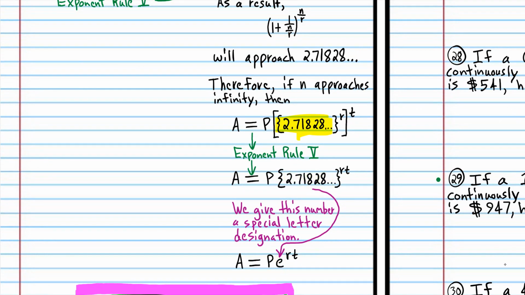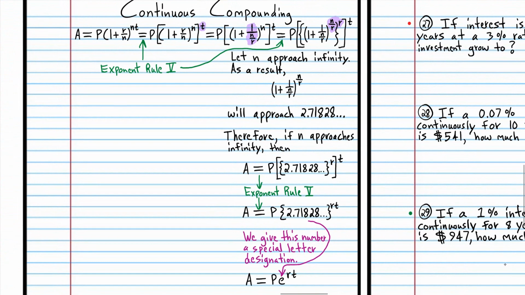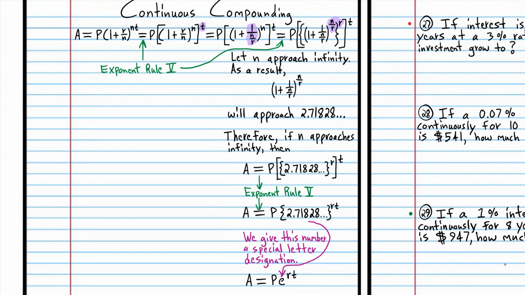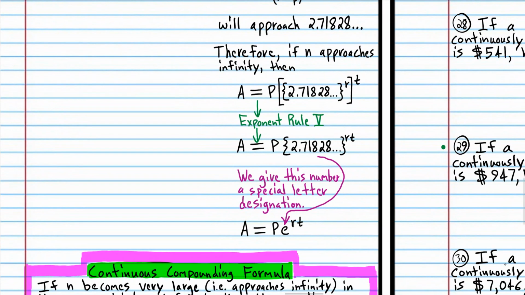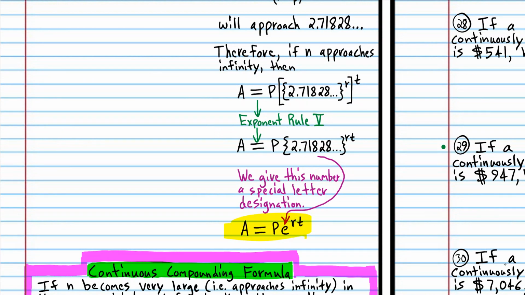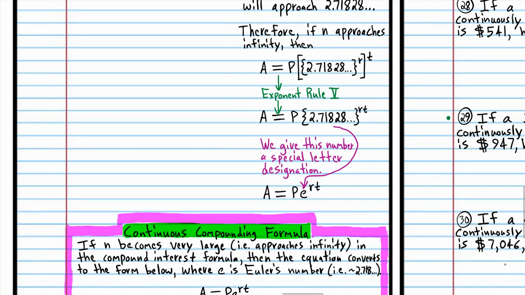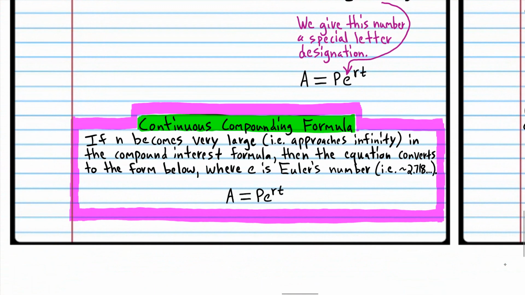And then the t and the r, they multiply because we factored out that t, and so we're left with this expression down here. So this is the formula that we use when we compound interest continuously. It means that we're compounding an infinite number of times per year.